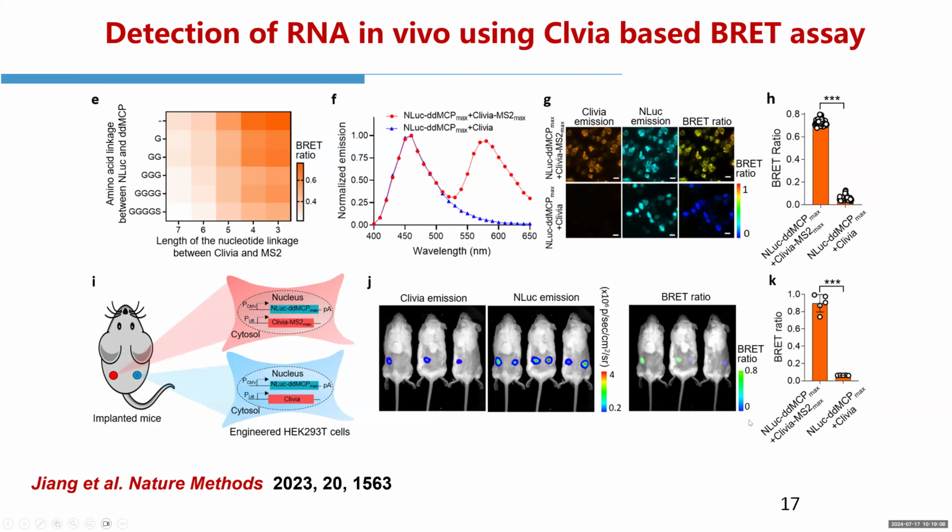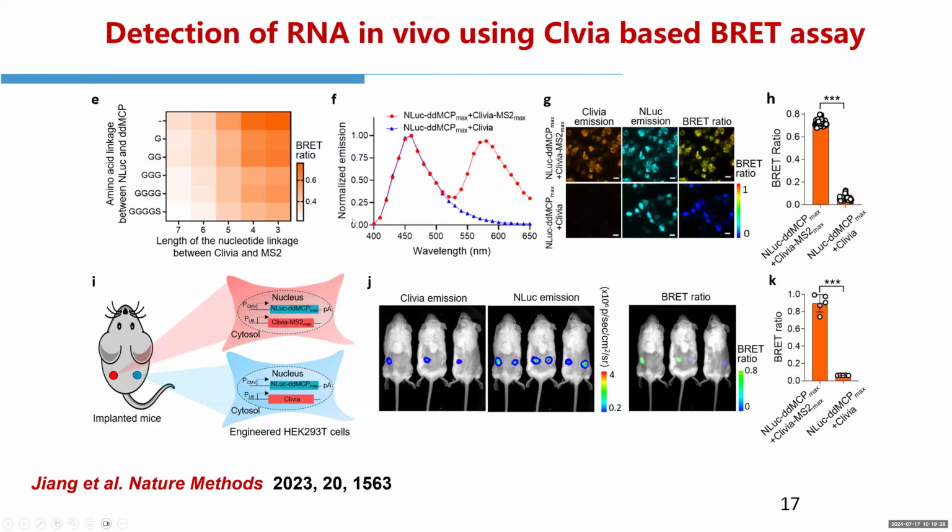Cleaver has ideal spectral characteristics to serve as a bioluminescence resonance energy transfer acceptor for NanoLuc. Its excitation overlaps with NanoLuc's emission.